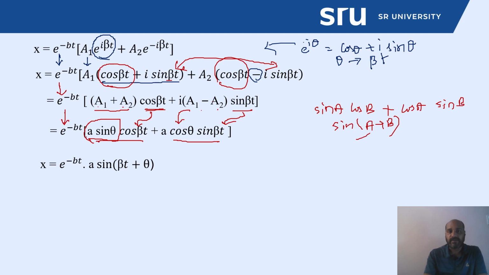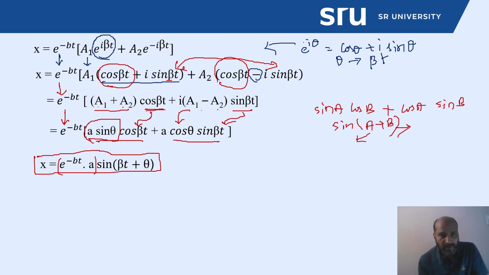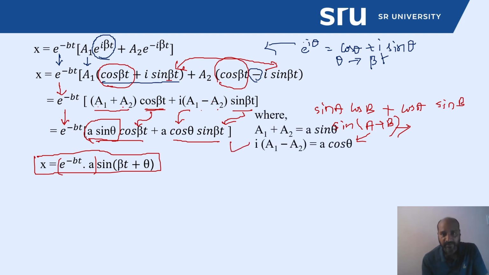Here instead of a, beta t, instead of b, theta. Right? So the final result will be what? e to the power of minus bt times A, so this is the coefficient, A e to the power of minus bt sine of beta t plus theta. Right? So these are the changes that we have made.